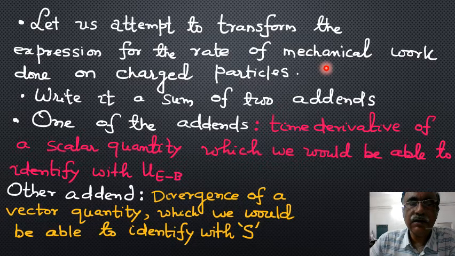So we will be calculating dW by dt, where W is the mechanical work done, and then we will split it into two terms. One of the terms will be the time derivative of a scalar quantity, which we would be able to identify with the energy density of the electromagnetic field, and the other addend will be the divergence of a vector quantity, which we would be able to identify with the vector S.